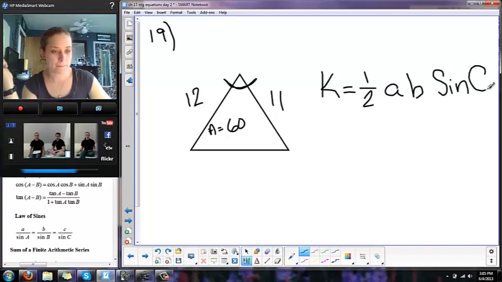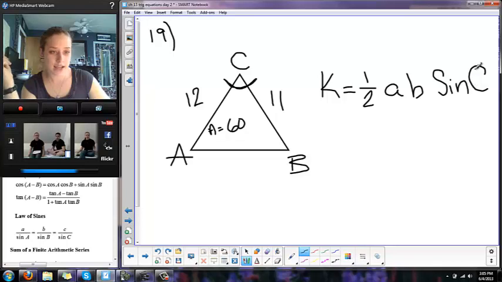Okay? So if I had labeled this triangle originally ABC, then the little a's represent the side lengths. So little a is across from angle A, so little a is 11. Little b is across from angle B, so little b is 12.